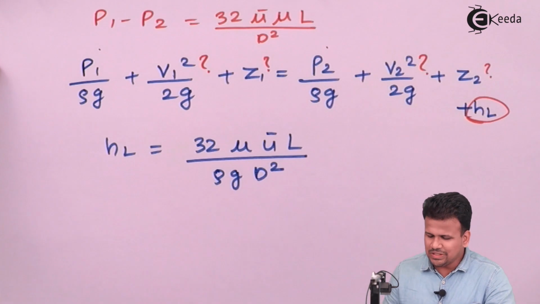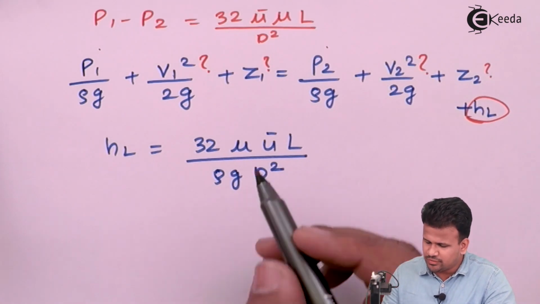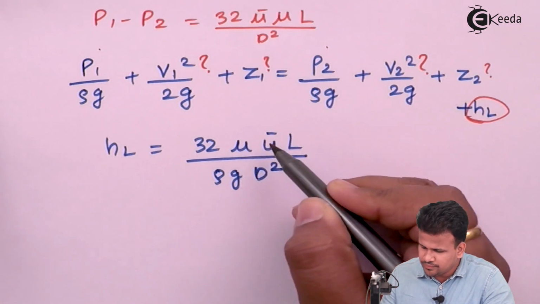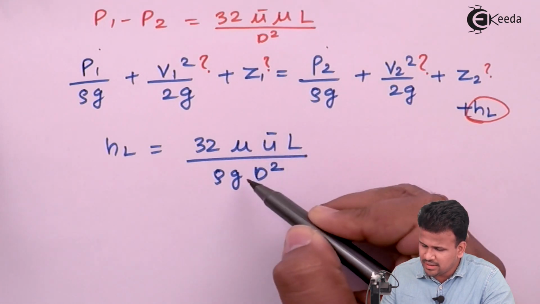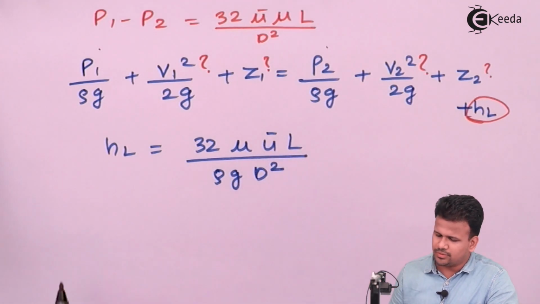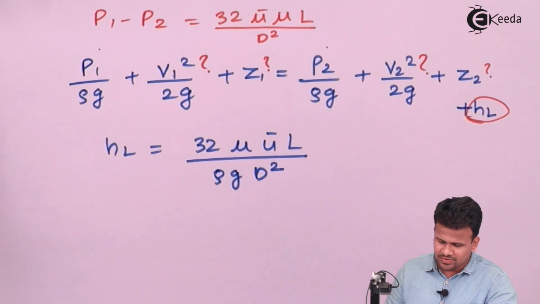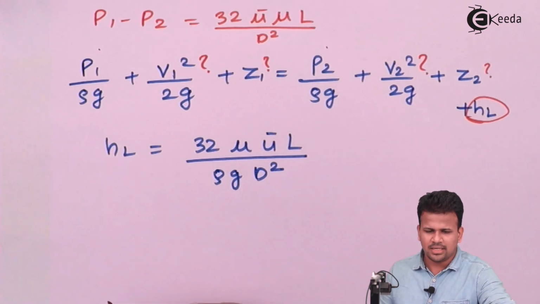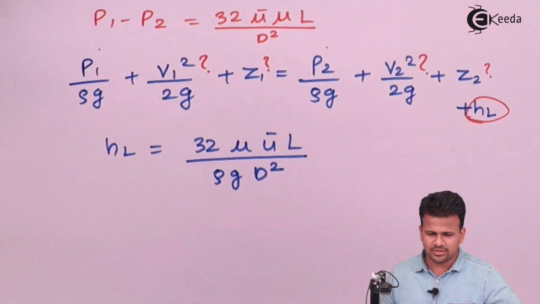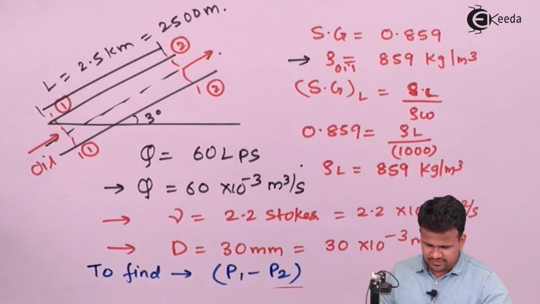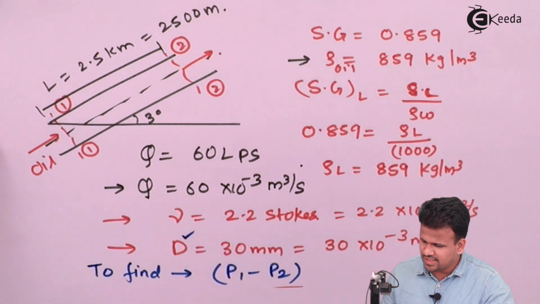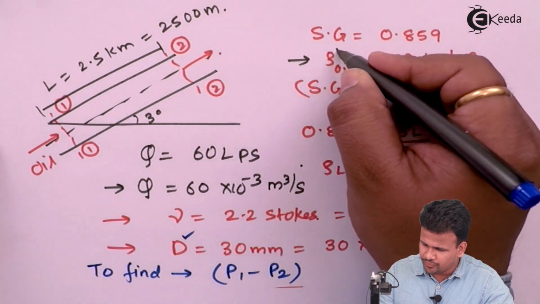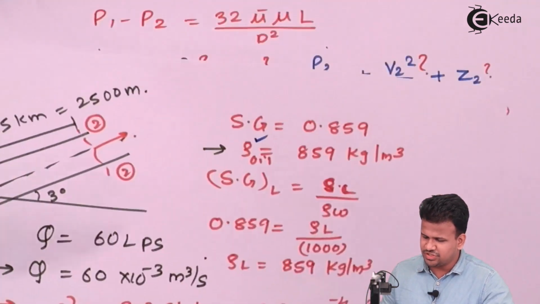So to calculate HL, what we need is mu, u bar, L, rho, g and D square. Let us check what things we have. First you have the value of D. Next you have the value of rho. You have the value of g also.